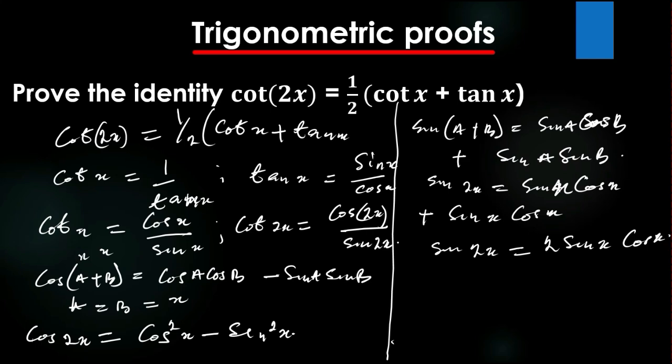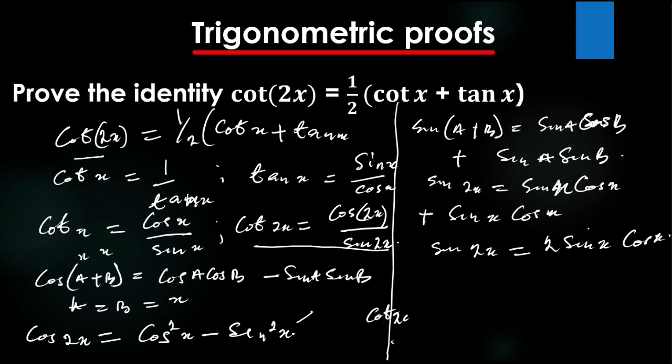Now, I've been able to establish that cot 2x that we have here is the same thing as cos 2x over sine 2x. And we've been able to find that cos 2x is the same thing as cos squared x minus sine squared x, and sine 2x is the same thing as 2 sine x cos x. So I can rewrite this in this form.